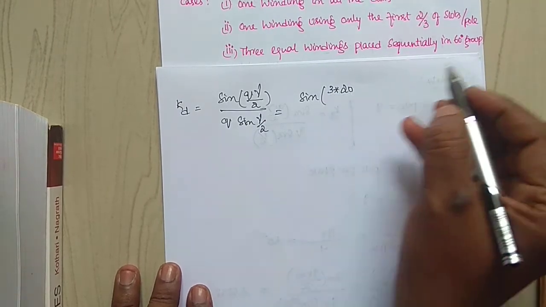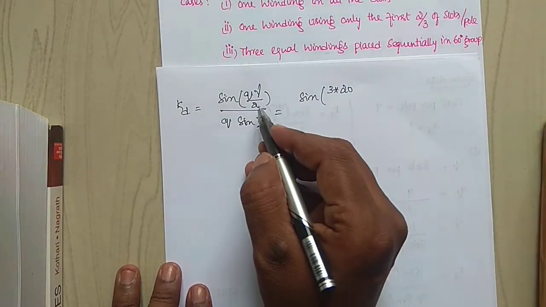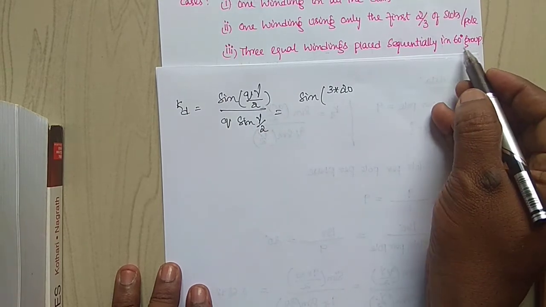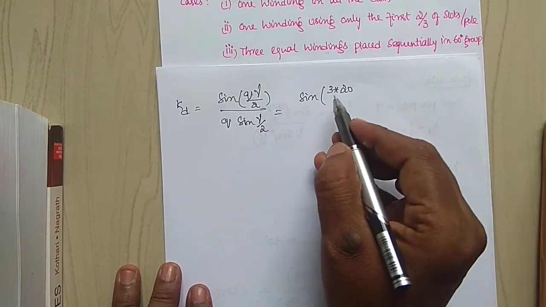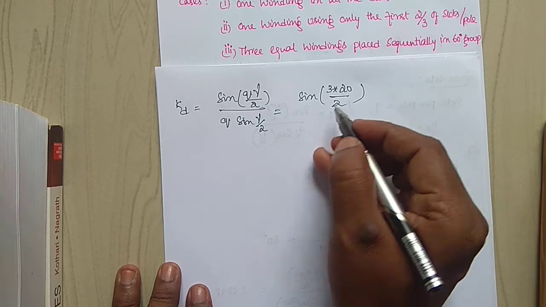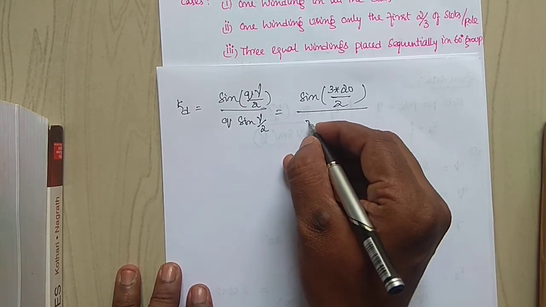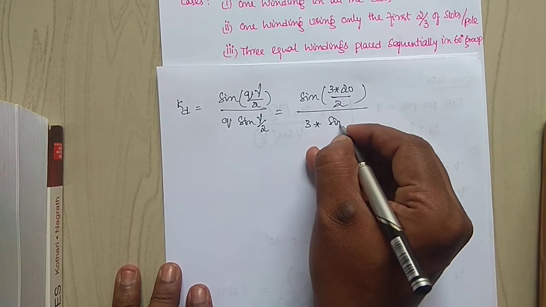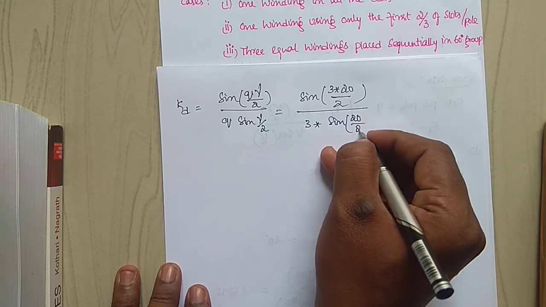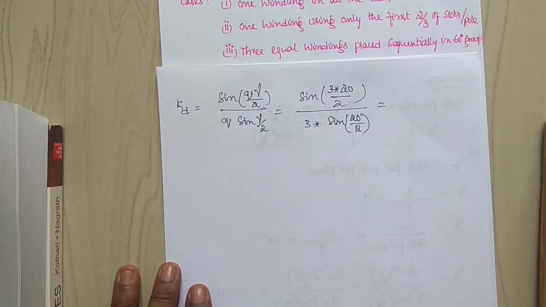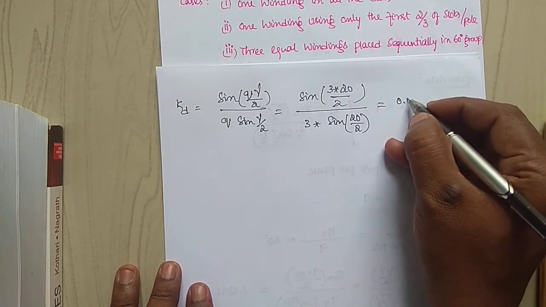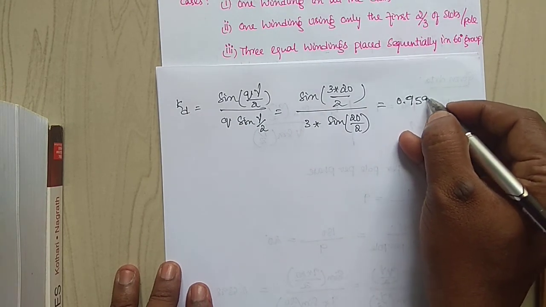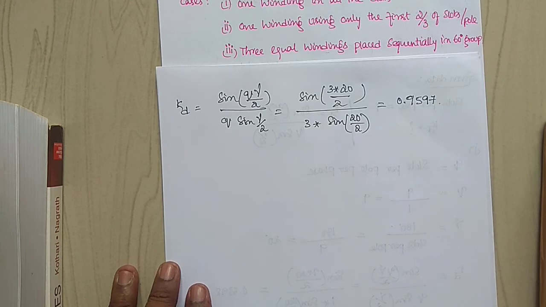So 3 twenties are 60. So Q gamma is nothing but the phase spread, so this 60 degrees is matching. Divided by 2, divided by Q into sine 20 by 2, that is 3 into sine 20 by 2. If you substitute these values, I got 0.9597. That's it. Thank you.